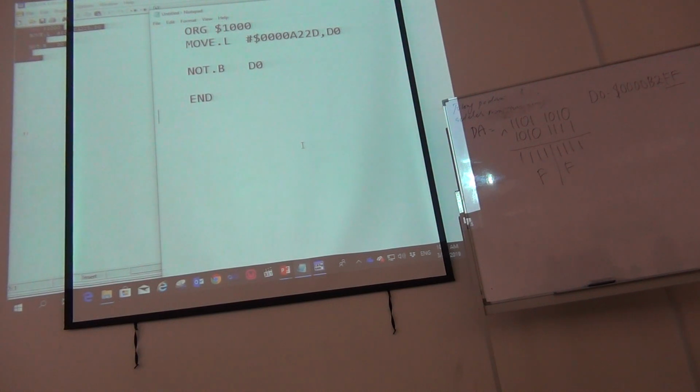Now start with NOT. It's very simple. The result is there. Then you have to compare based on your writing. Only size byte is there, I give you bytes.